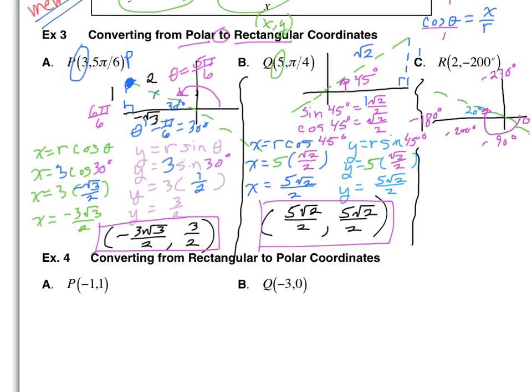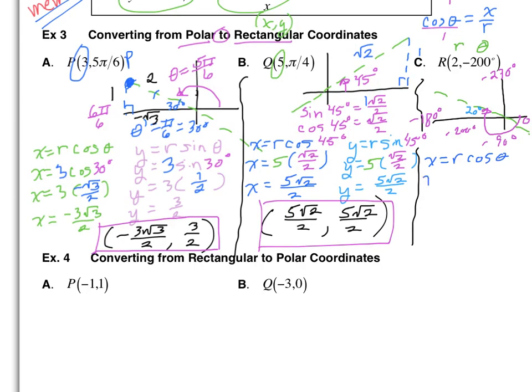So all we need to know for rectangular form is x and y. And we know that this is our r, and this is our theta. So why not take the formulas that we were using previously? Let's take our x formula. x is equal to r times the cosine of theta, and let's replace r and theta with their values.